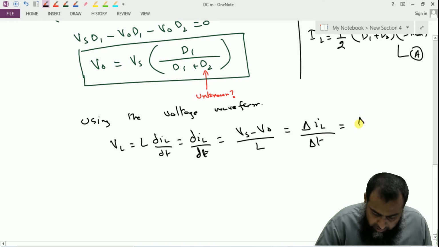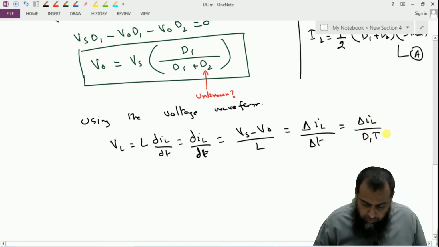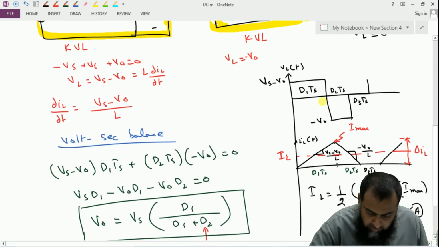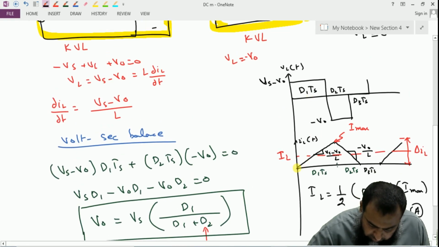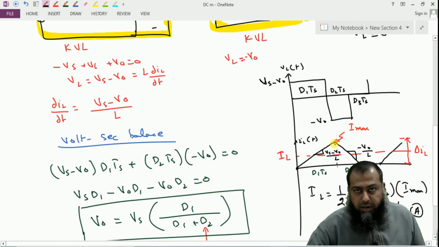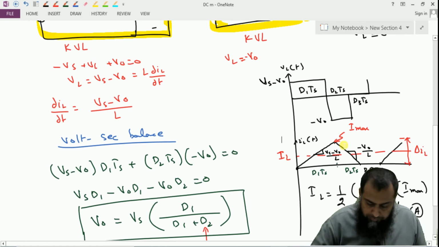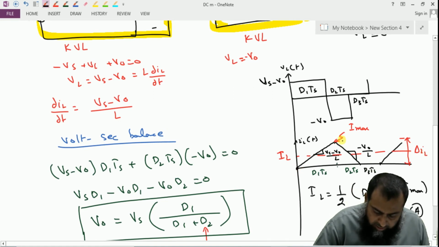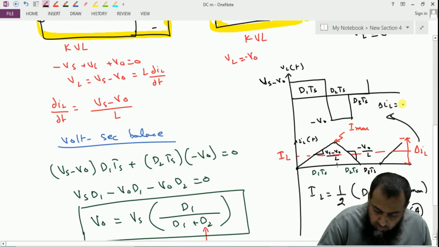This delta t is D1 T, because during this time D1 TS the current rises from the 0 point to the maximum point I maximum, and therefore the net change delta I_L is equal to I maximum minus I minimum.